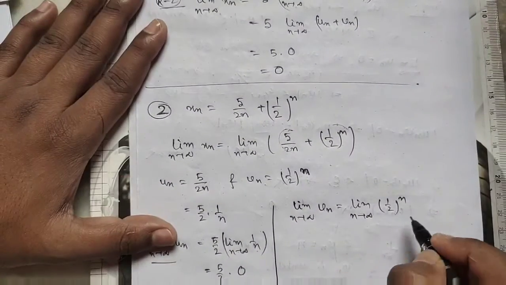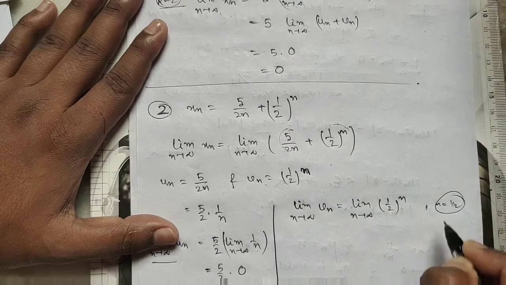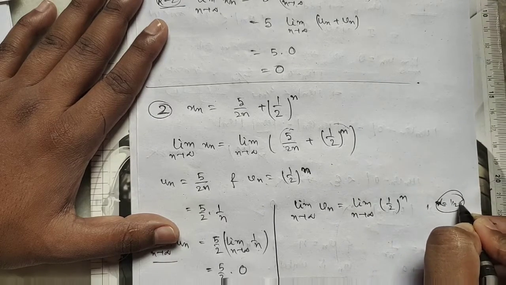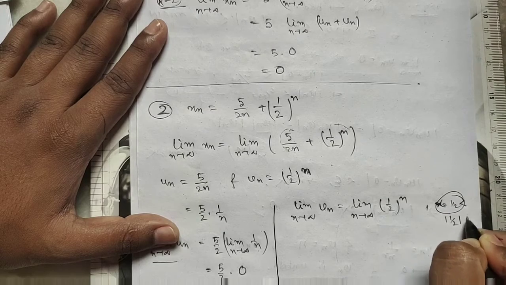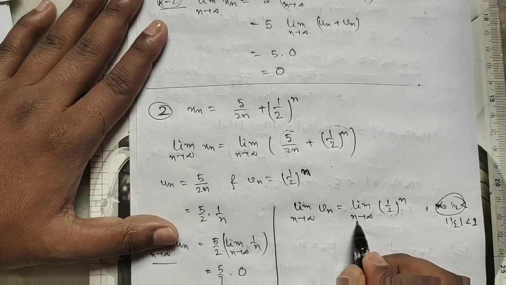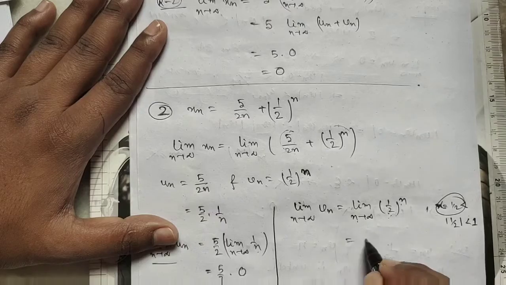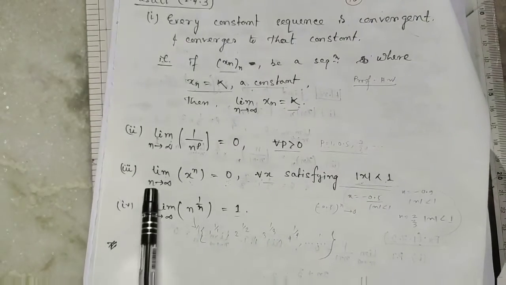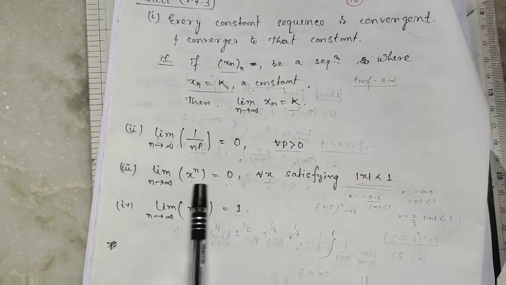So here x equals half, and mod of half is less than 1. So the sequence half to the power n converges to 0 as n tends to infinity. We use this result. Clear?